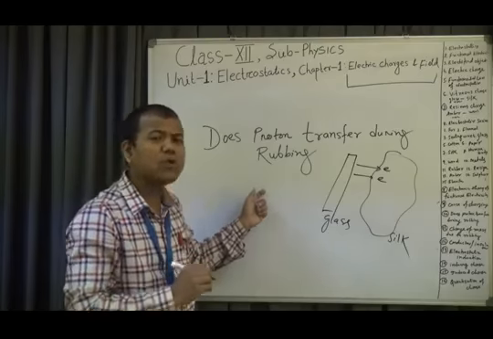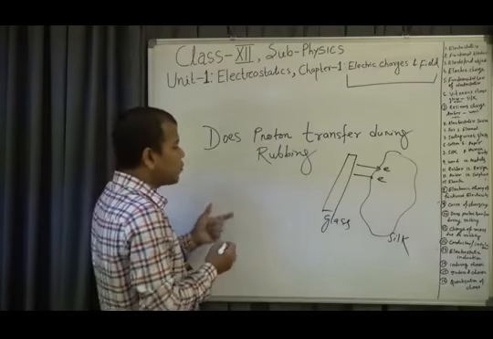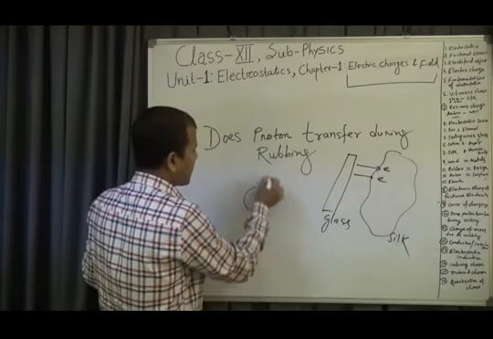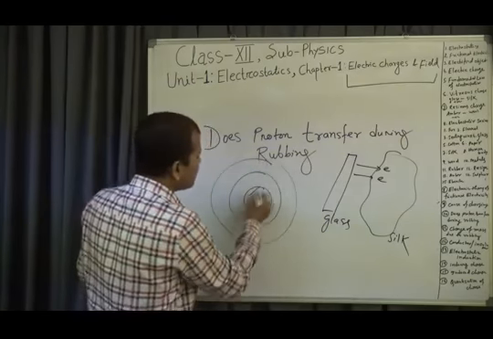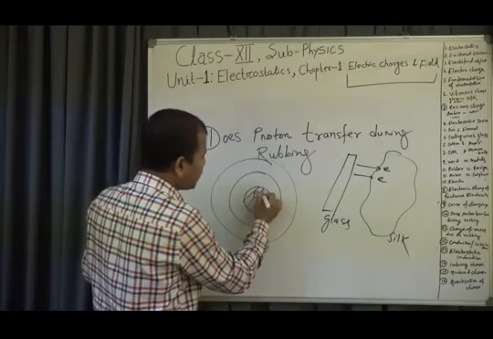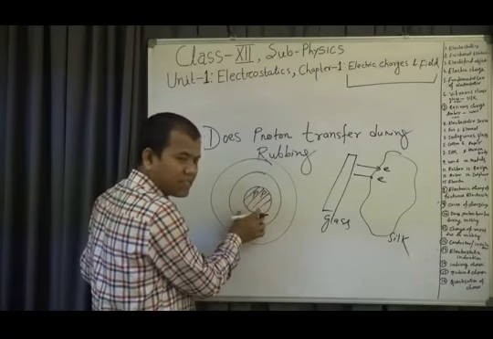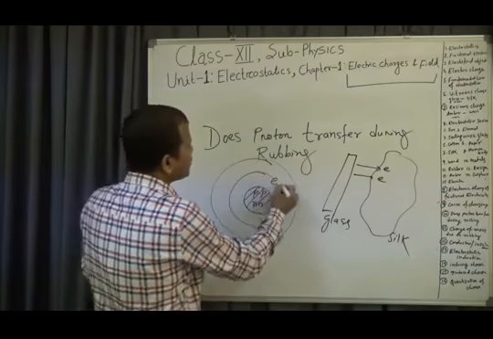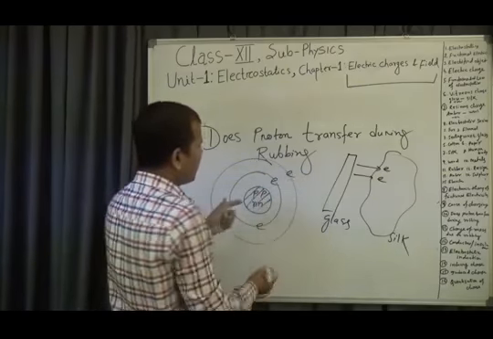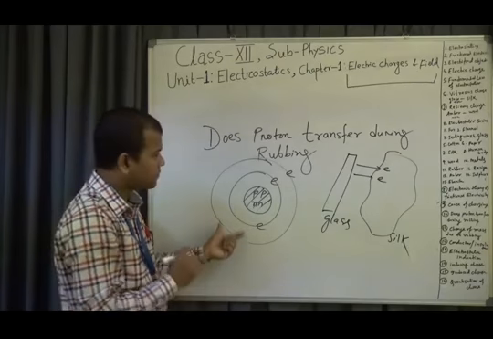No, protons will not be transferred because protons are inside the nucleus and electrons are on the different shells. Suppose this is the nucleus of an atom and protons are there inside the nucleus. Obviously neutrons are there, I am telling about the protons only. Suppose electrons are there in the different orbits.